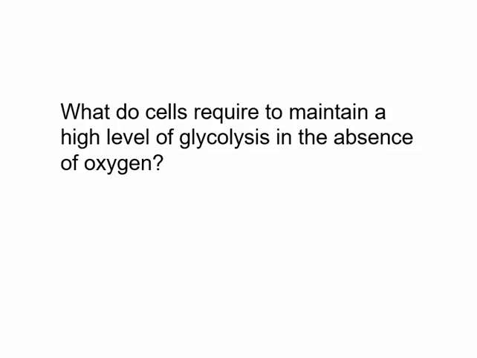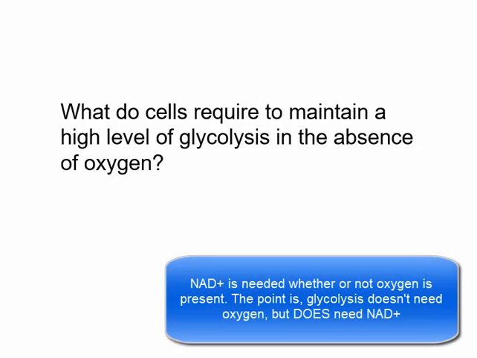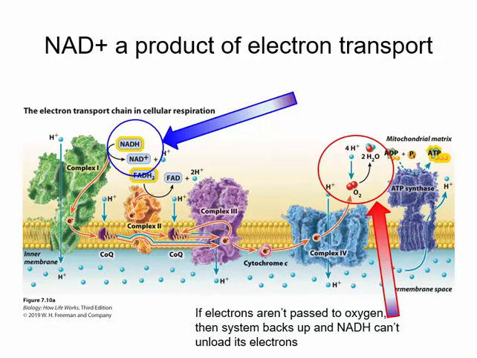All right, so given the choices there, the correct answer is they need NAD+, that electron carrier, because you're trying to pull these electrons out of what you're breaking down, starting with glucose. If you don't have a place to pass them to, then you're stuck. And here's why you might not have NAD+. When oxygen is present, electrons get passed, and this NADH can continue to feed its electrons in here, producing NAD+.